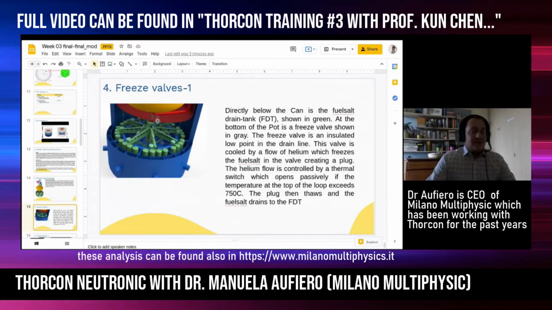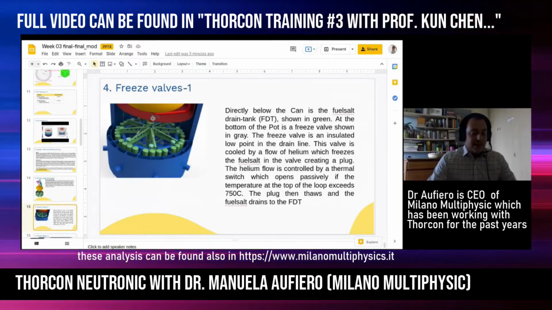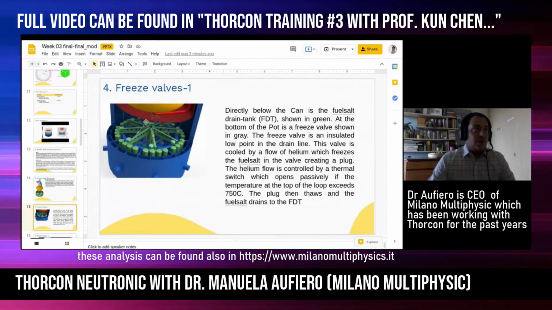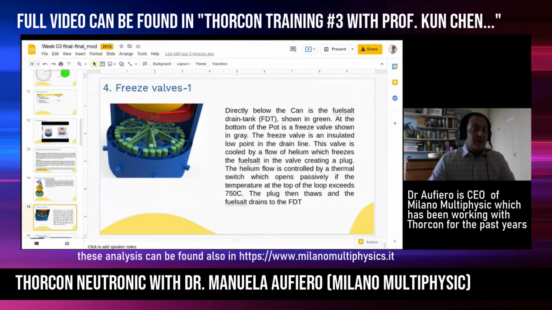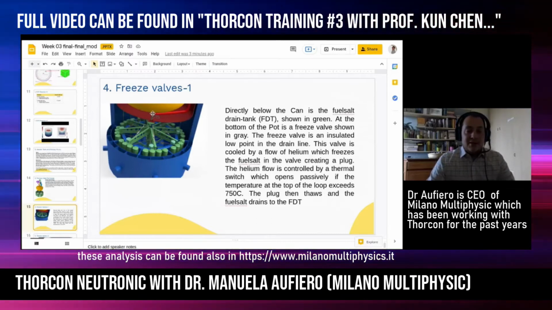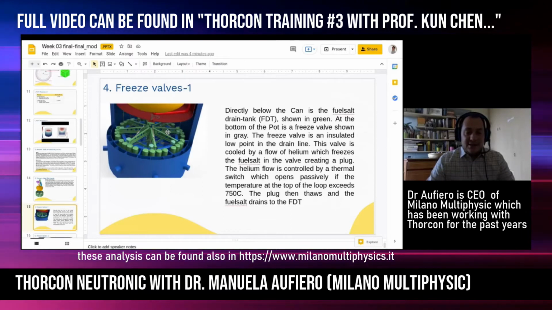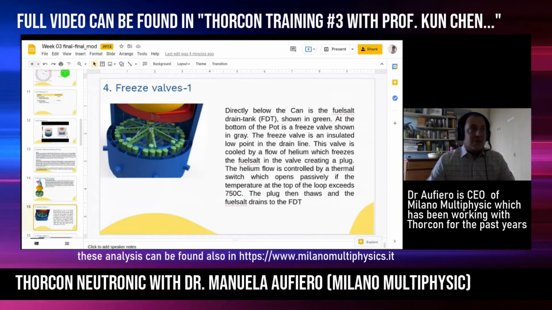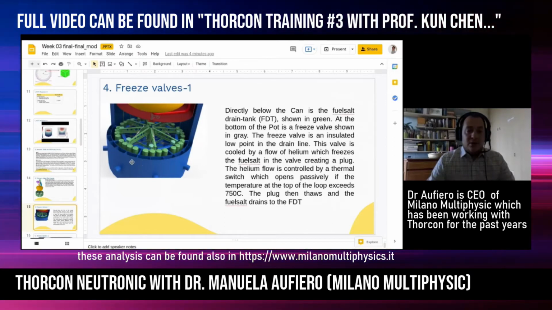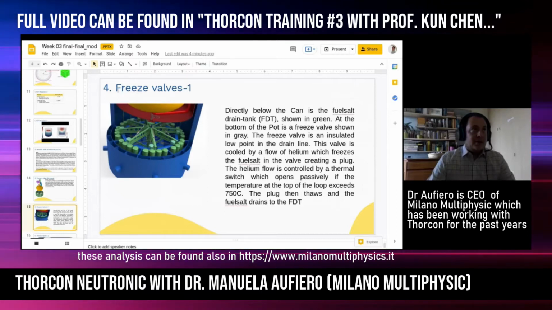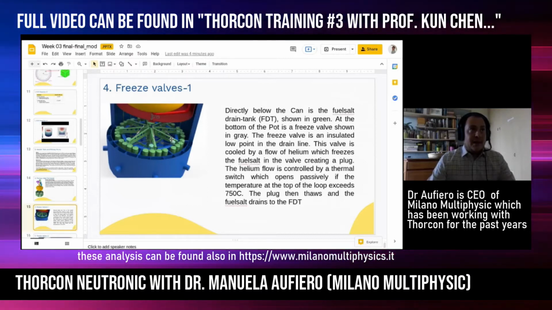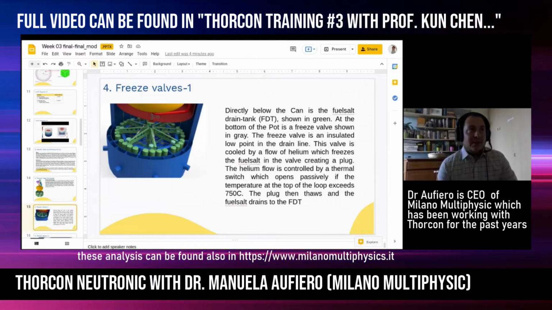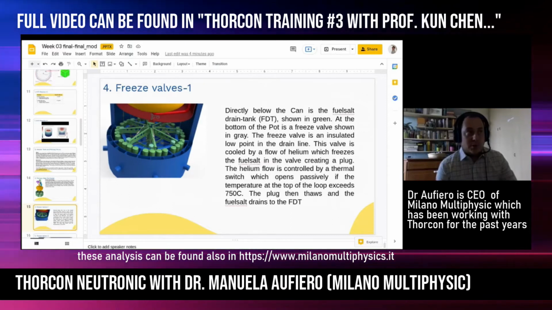The freeze valve is a feature that has been adopted since the beginning of the era of molten salt reactors. In simple words, the freeze valve is just a pipe that is occupied by solid fuel salt that has been frozen and constitutes a barrier for the flowing molten salt above it. The freeze valve acts passively as it is continuously refrigerated by a flow of helium that keeps the plug of salt cooled.